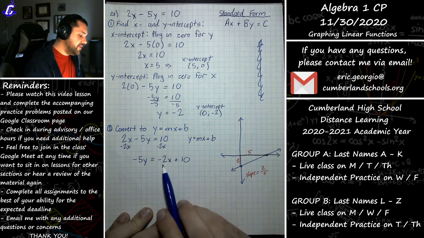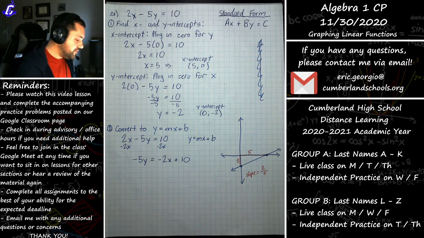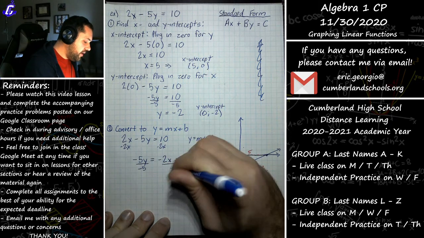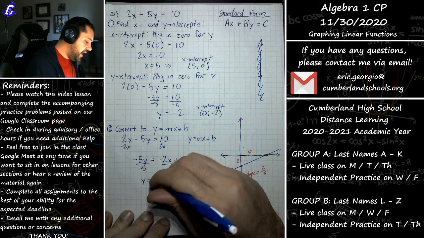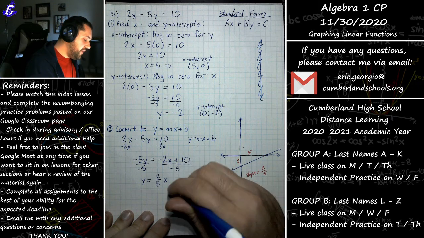Notice I wrote the negative 2x first, because in our y equals mx plus b, we would want that to come first. I can then divide both sides by negative 5 to get y alone. And that will give me y equals negative 2 divided by negative 5 is positive 2/5 x, 10 divided by negative 5, minus 2.